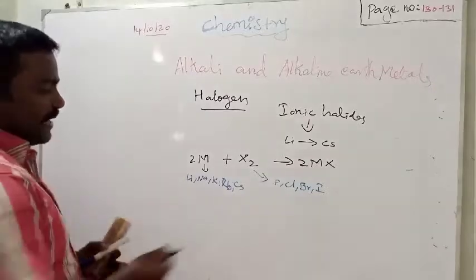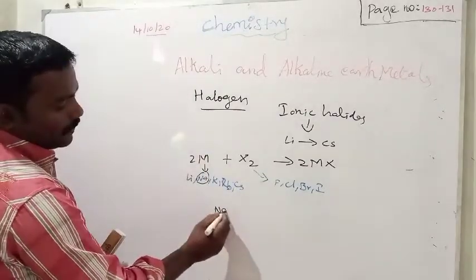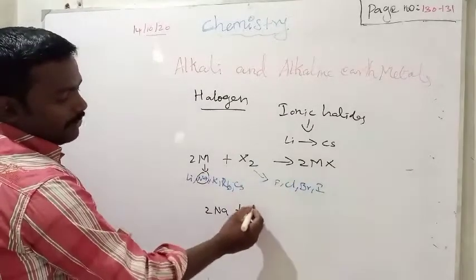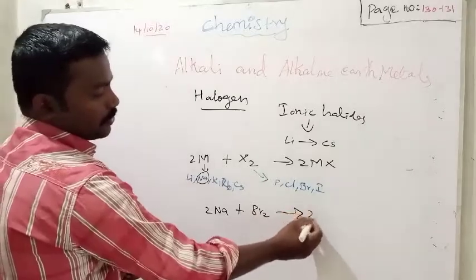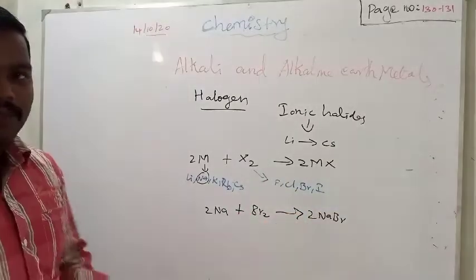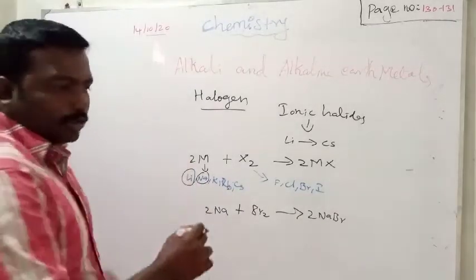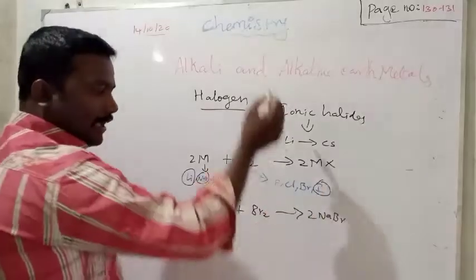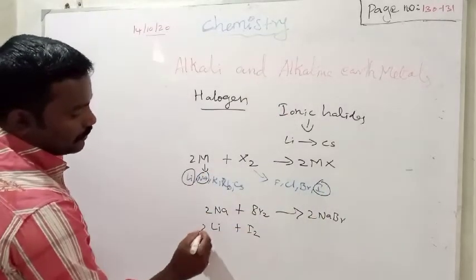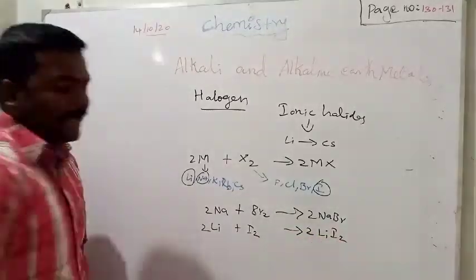Take sodium: 2 sodium with Br2, so 2NaBr, sodium bromide, will form. The same way, take the first element in the group and the last element in the halogens: lithium with I2 produces lithium iodide.